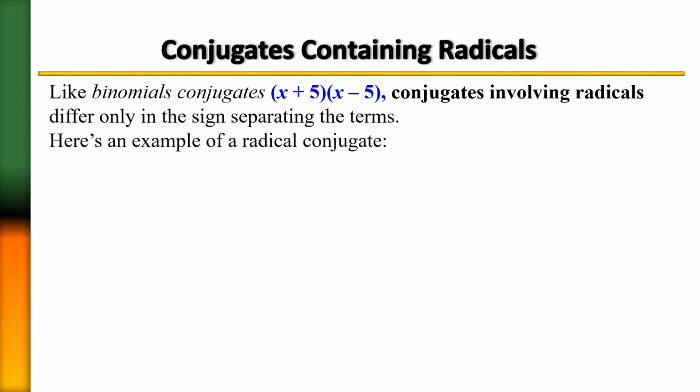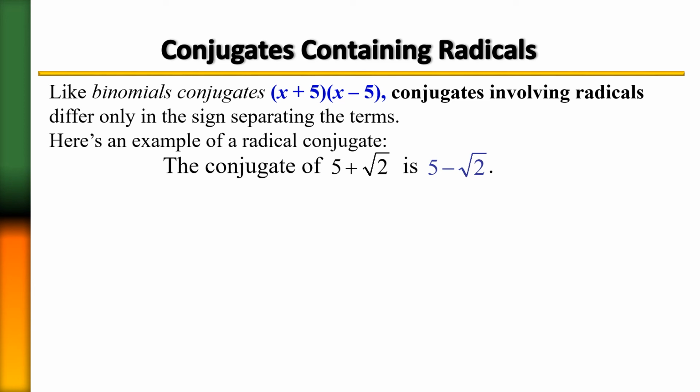Now, conjugates in terms of radicals would be an expression where it contains the same thing in terms of the numbers inside the binomials. The only difference, again, is their sign. So, for example, 5 plus square root of 2, the conjugate of that would be 5 minus square root of 2.